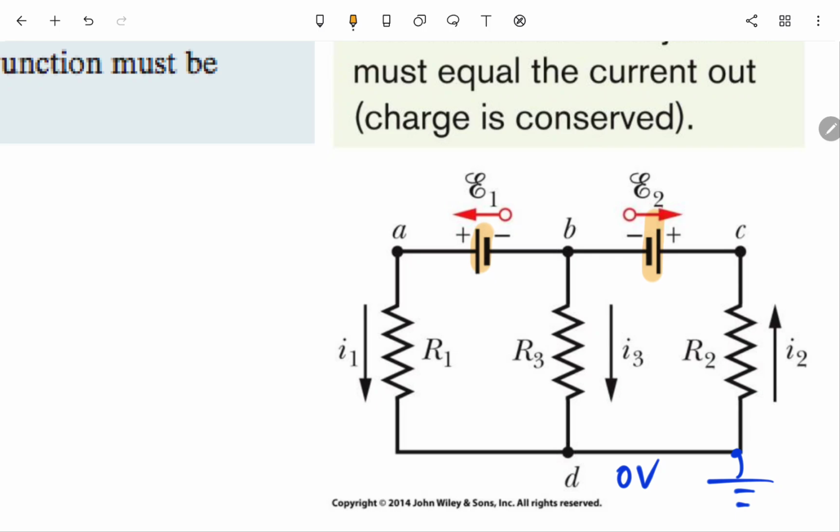Okay, which means if we already know VB, then VA must be VB plus E1.